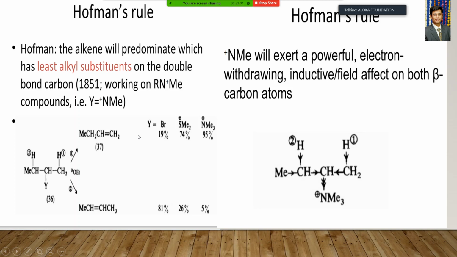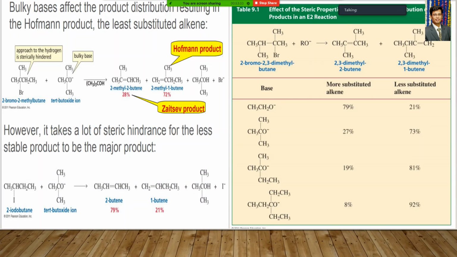Bromine is a good leaving group, whereas in the case of an elimination reaction, this particular product will be more, and exactly opposite when it happens to the more substituted. So in Hofmann's case, when there is a quaternary ammonium salt, it will favor the formation of an alkene which is least substituted. Very important from the examination point of view.